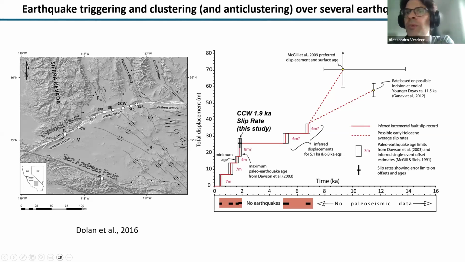So the main question is, when we do seismic hazard calculation, where the slip rate of faults is a very, very important input, which slip rate do we use: the very long term, the short term, or an average? This is an open question, and I think one of the main questions that we try to answer when we talk about several earthquake cycles, slip rates, and seismic hazard.